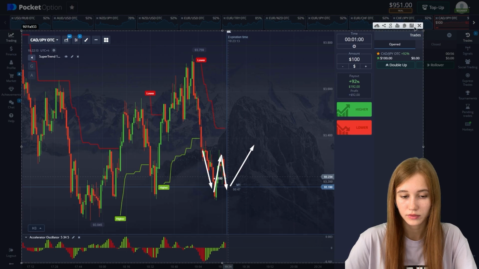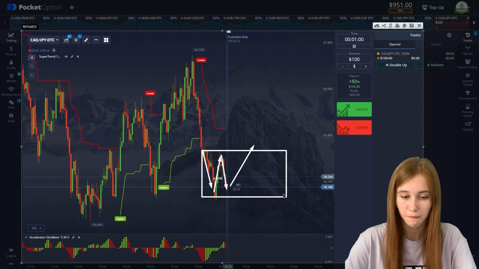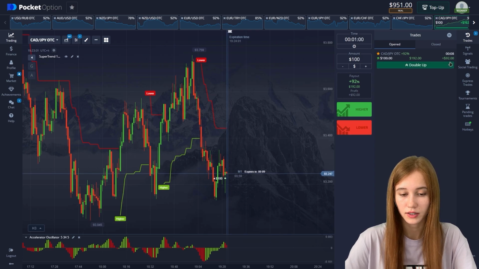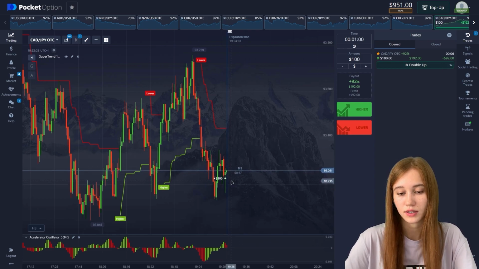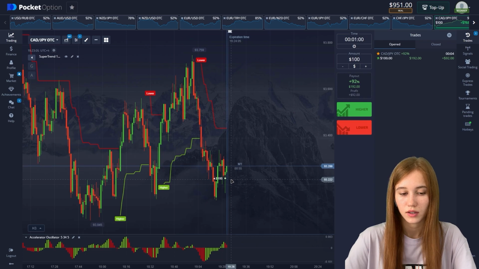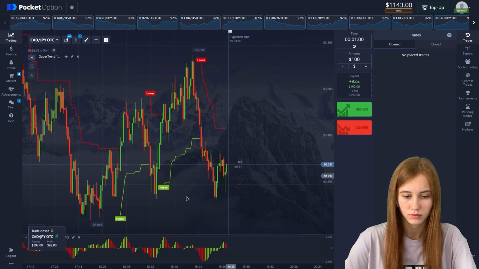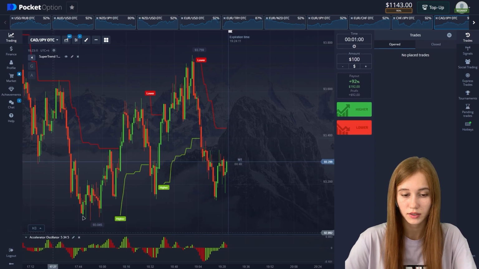And now decreasing, some consolidation we see, and let's see. There are 8 seconds until the end of the deal. Yeah, plus deal, good. We're in the black.